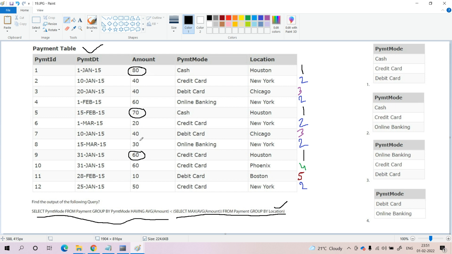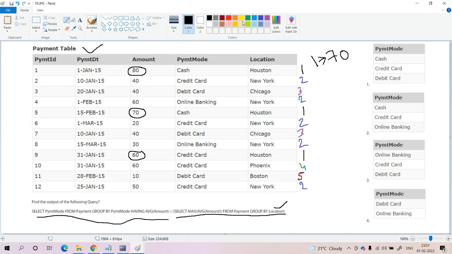In order to calculate the average, the summation of all the amounts by the total number of amounts. So 210 by 3, we are getting 70. So for the first group, 70 is the average amount.